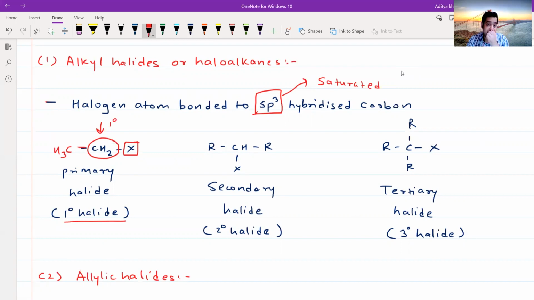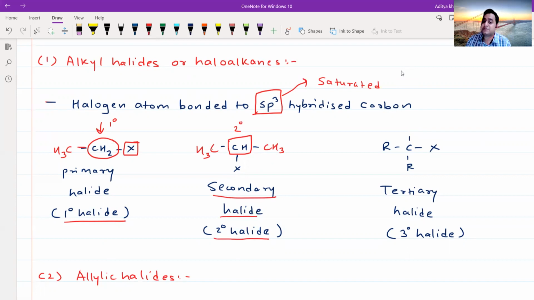Now what happens if the carbon which is attached to the halogen is attached to two carbons? If I remove these R groups and substitute them with two CH3 groups, this carbon is attached to two CH3s, or two carbons. So it will be called a 2-degree carbon, and your halide will be called a secondary halide or 2-degree halide.